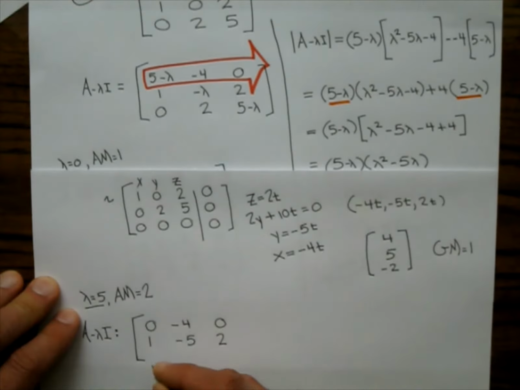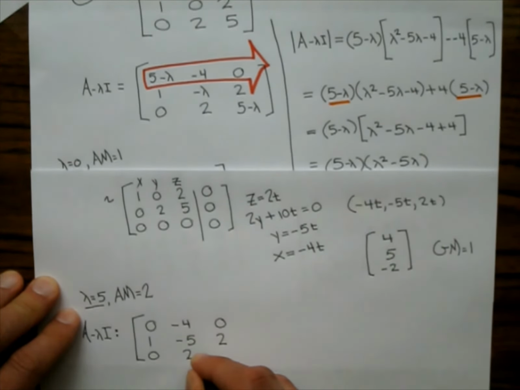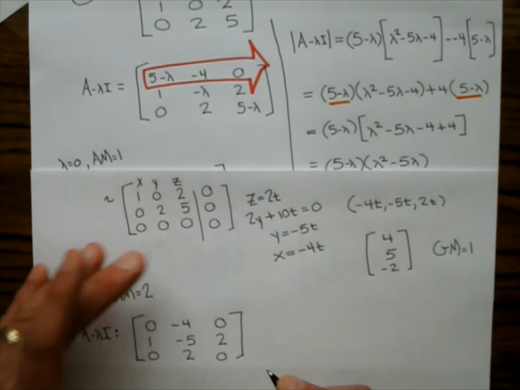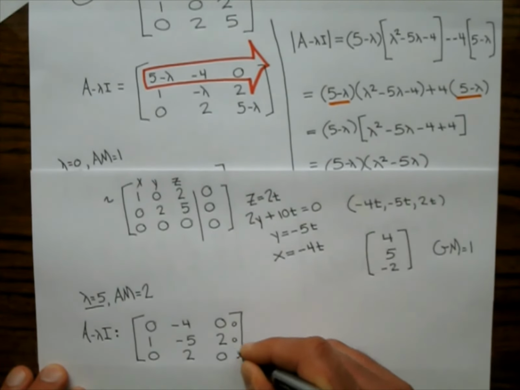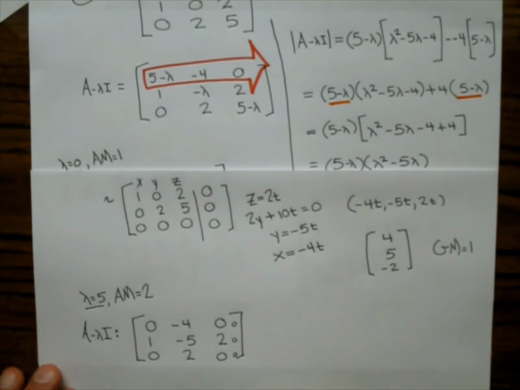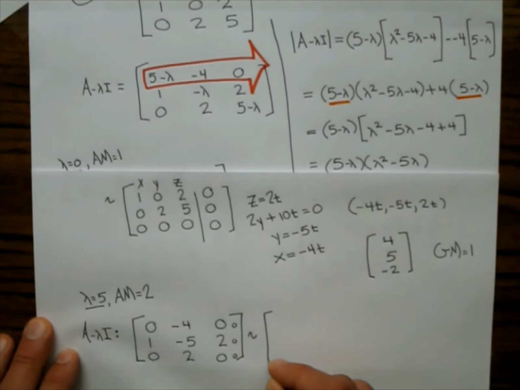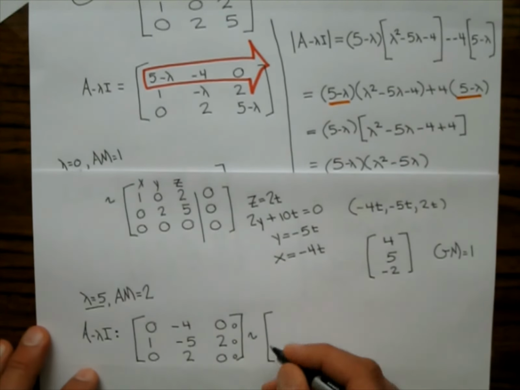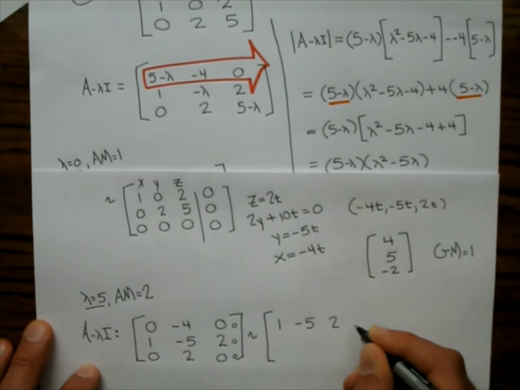And then the last one is 0, 2, and then 0. And I can see that row 1 and row 3 are scalar multiples of each other. I'm going to go ahead and write row 2 as the new row 1. So this is 1, negative 5, 2, 0.